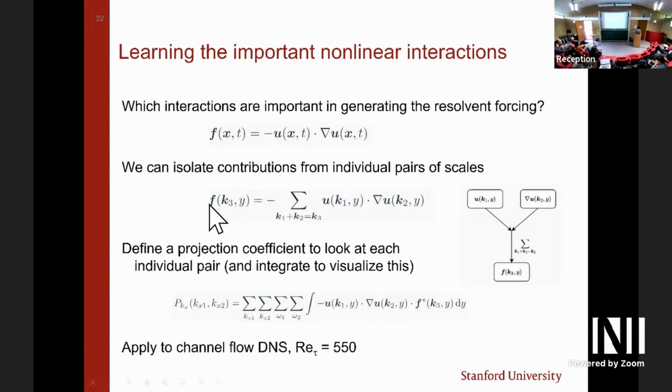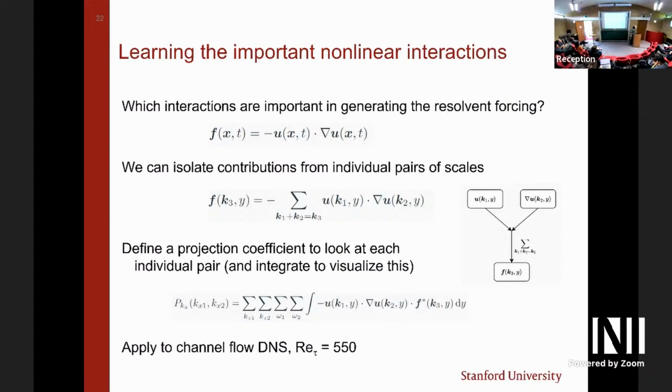At any kx, kz, and omega, k3, the forcing is governed by resonant interactions, so k1 plus k2 equals k3, and working through this expression here. In order to get at f, we need to run through all resonant contributions, and put another way, we need to think of u dot grad u, and then the other way around too. So here are the resonant interactions that we're looking at.